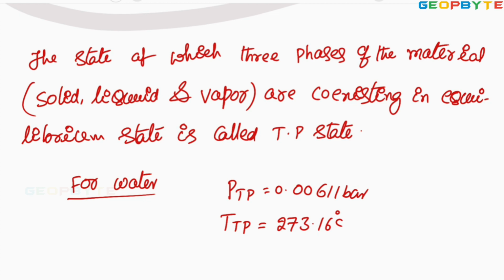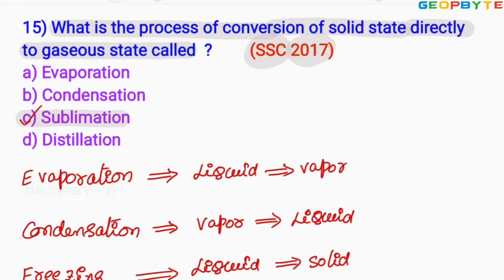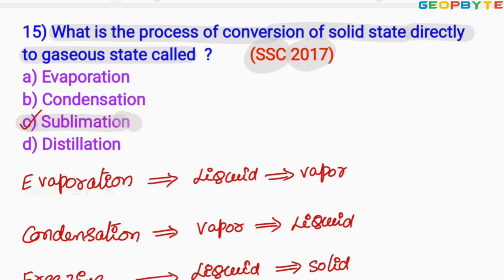So this is the information for water only. Anyhow, the direct phase change from solid to gas is called sublimation process. I hope you clearly got my point. This is also a very important problem. That's why I am making it a 5-star problem.